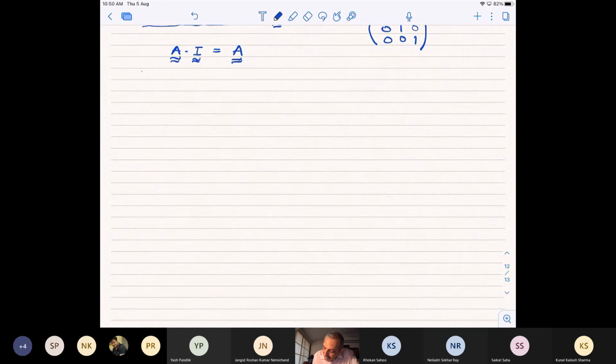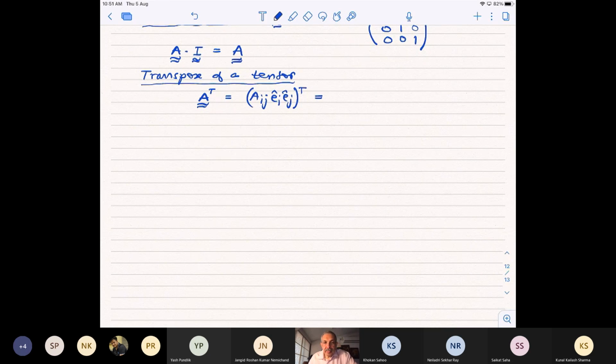Then another operation that is important is known as the transpose of a tensor, denoted as A transpose. If we have Aij, Ei, Ej, and we take a transpose of it, what you have to do is interchange rows and columns.